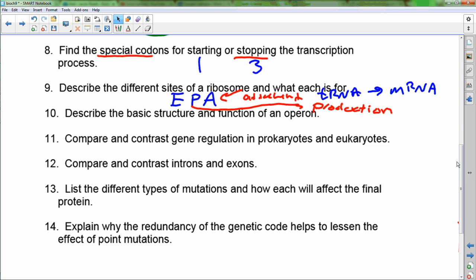So the transfer RNA is attached. When it moves along to this site, that's where the amino acid on that one transfer RNA gets added to the growing chain. So in the production site, that's where we have the adding of amino acids.